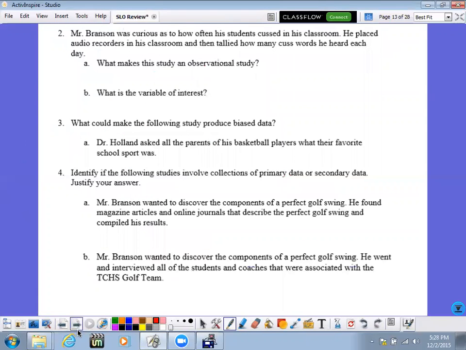All right, the next one. Mr. Branson was curious as to how often a student's cussed in his classroom. He placed audio recorders in the classroom and then tallied how many cuss words he heard each day. No cuss words, obviously, in 208. But in this situation, what makes the study observational? No experiment.